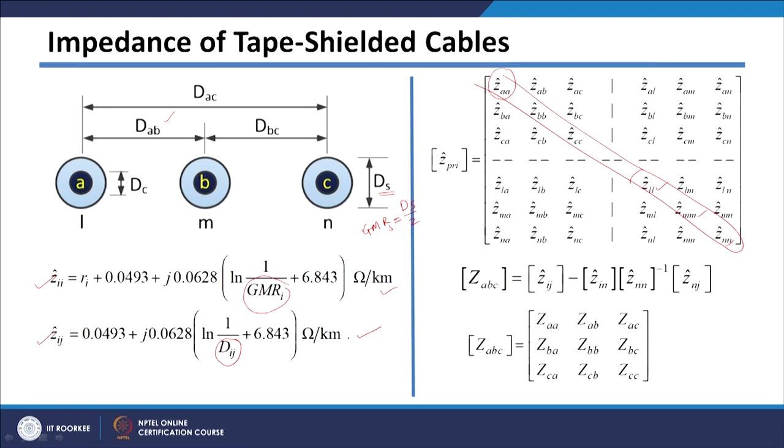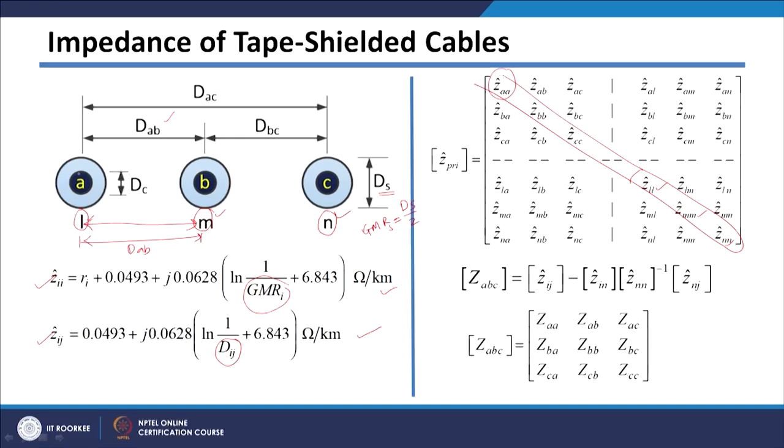Suppose you want to find the distance between shields; I have named the shields L, M and N. The distance between 2 shields, L and M, is just the center to center distance, which is DAB.